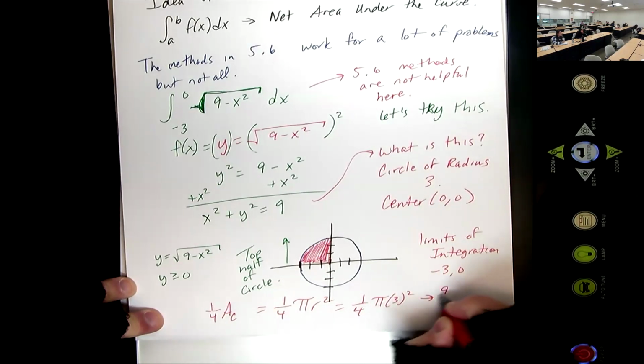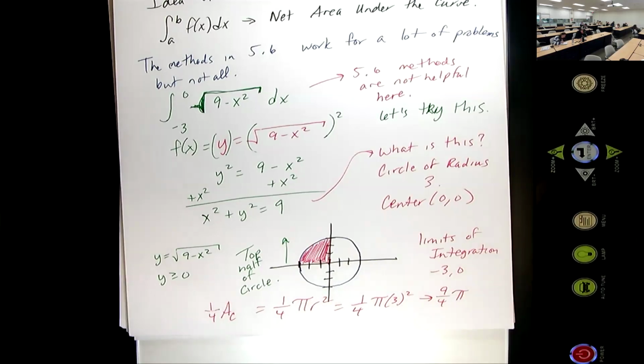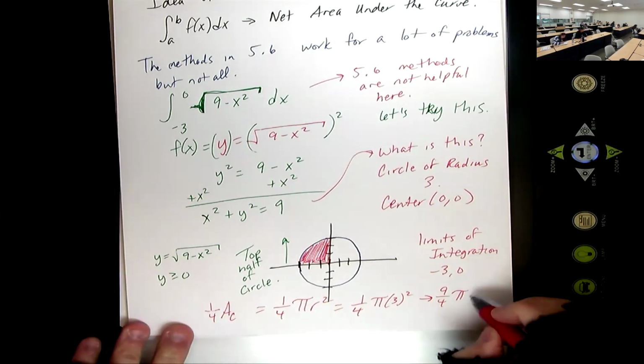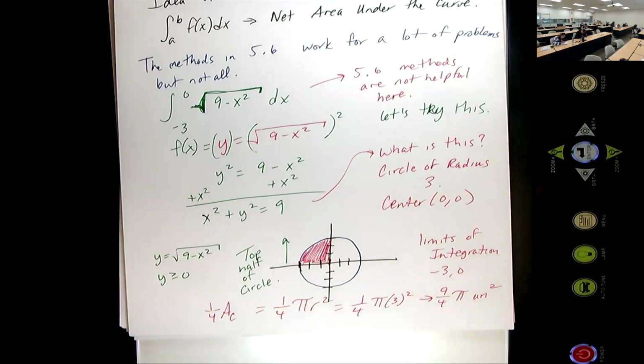So 9/4 pi square units, whatever kind of units they are. And if we needed an actual decimal answer, we could get it. So sometimes, if you recognize that with some manipulation, I can solve this a lot easier using common geometry, do it.